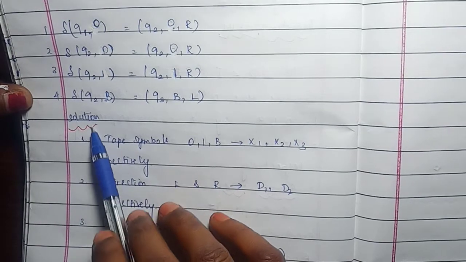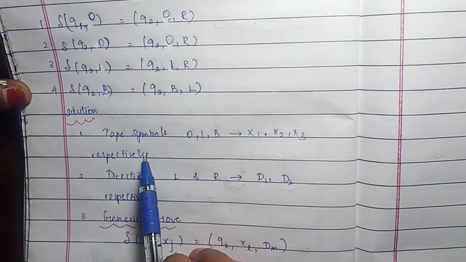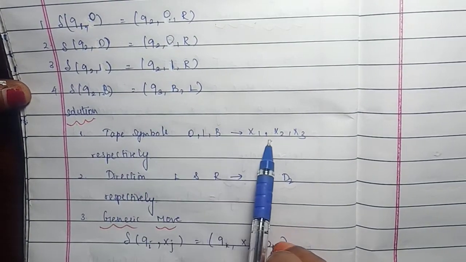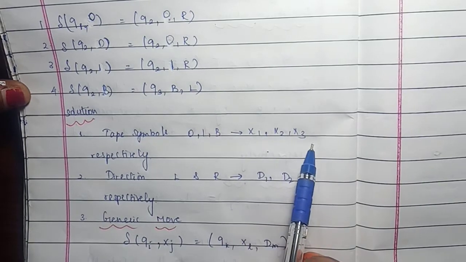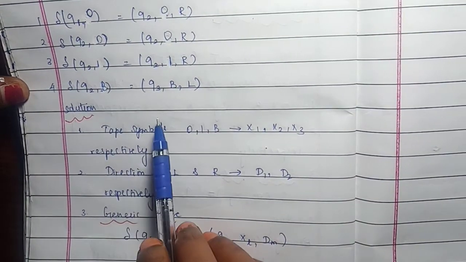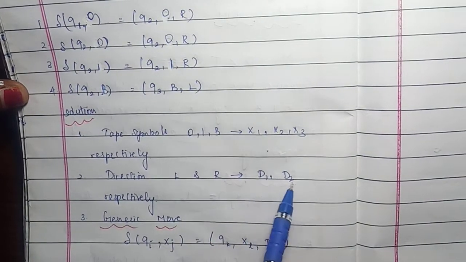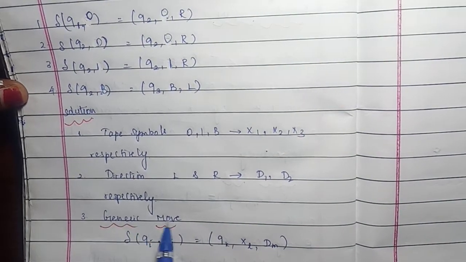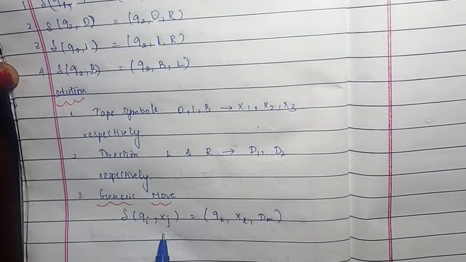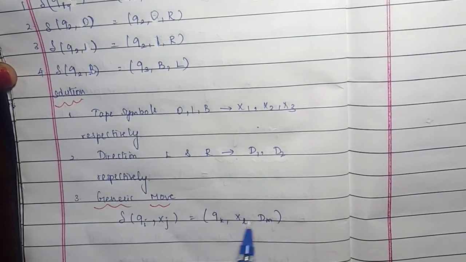For example, the solution will look like this. Tape symbols 0, 1, B will be represented by x1, x2, x3 respectively, and the directions L and R are replaced by D1, D2 respectively, and we have the generic move qi xj equals qk xl and dm.